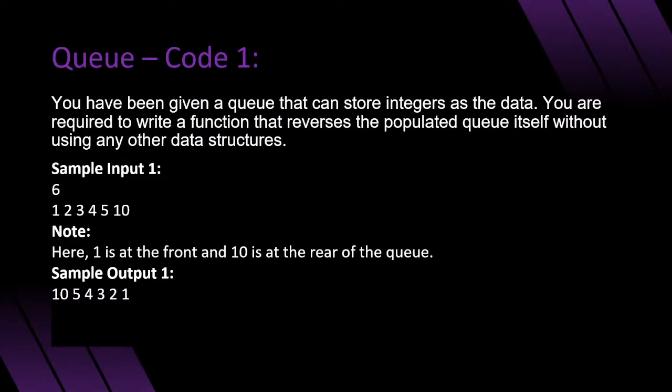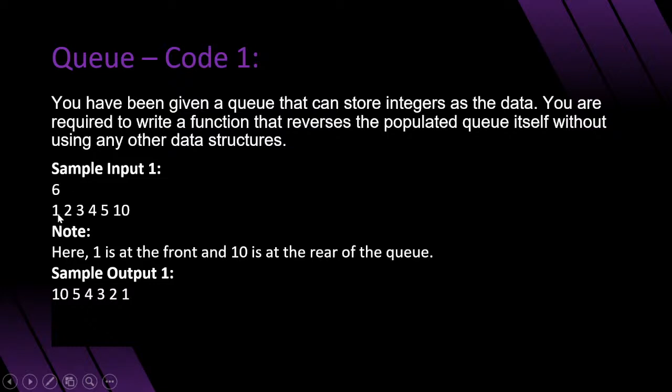So now we use the knowledge we have gained about queues practically in the code. The question is that we have been given a queue that can store integers as the data. Now we need to write a function that reverses this queue itself. We don't just need to print the queue, we have to reverse the queue itself actually. So for example, let's take our size of queue to be 6.